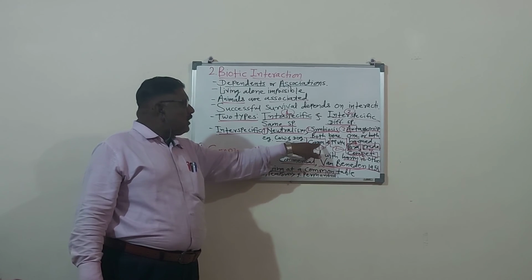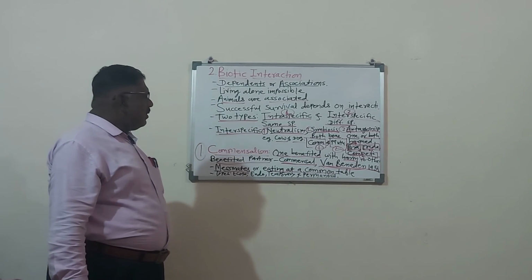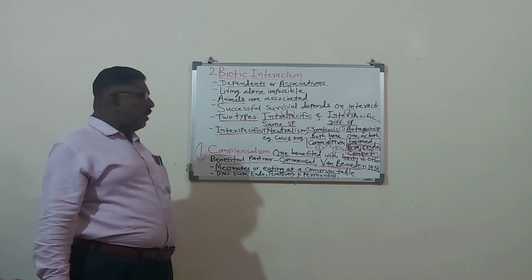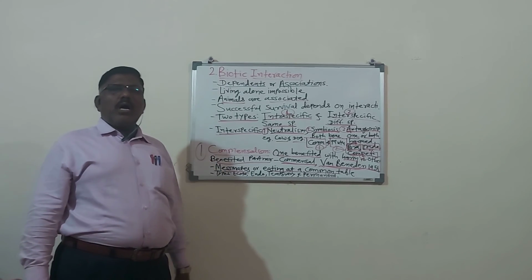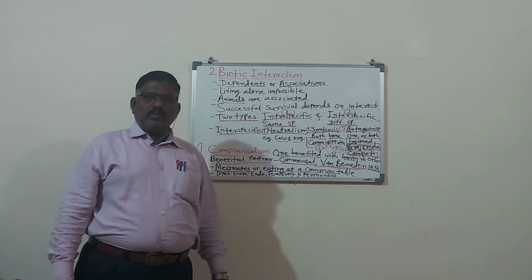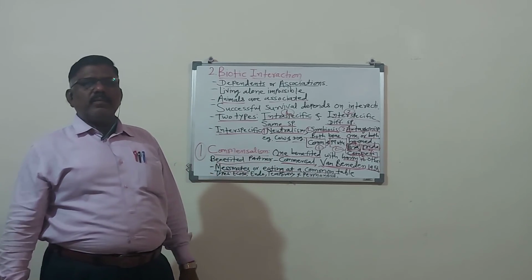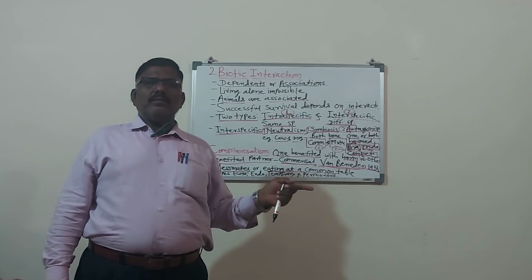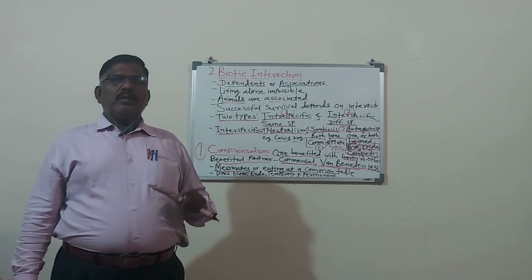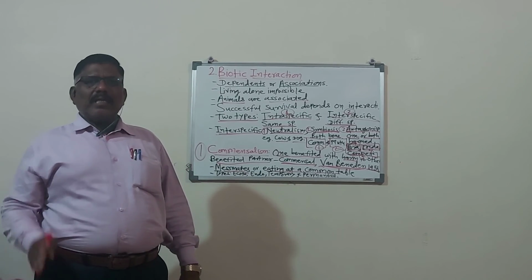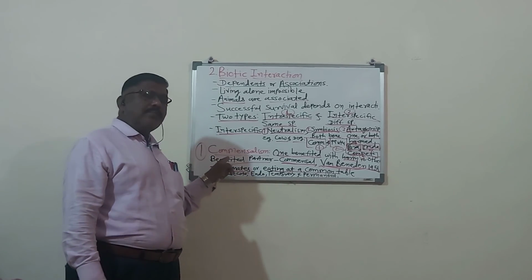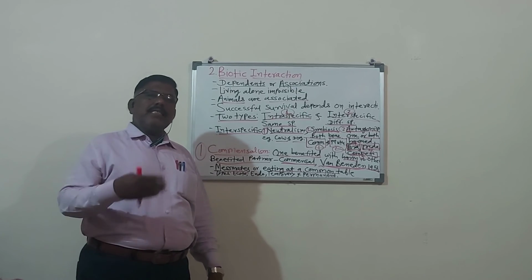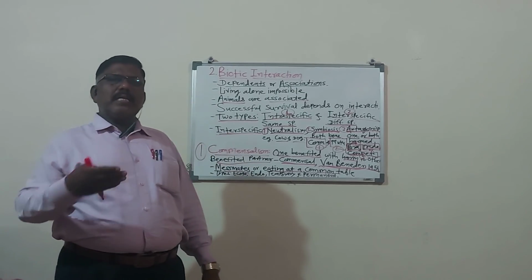In symbiosis, commensalism and mutualism are there. And commensalism is given in your syllabus. So we have completed commensalism today. Remember, in today's period, we started the new chapter, biotic interaction. From biotic interaction, as per your syllabus, we have completed commensalism. In the next period, we will complete the remaining.